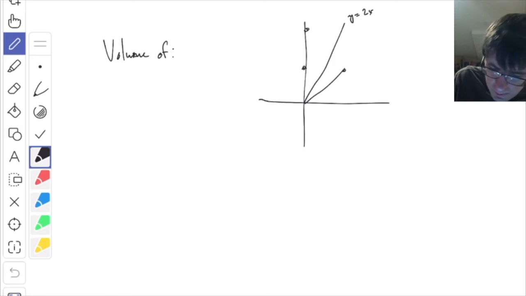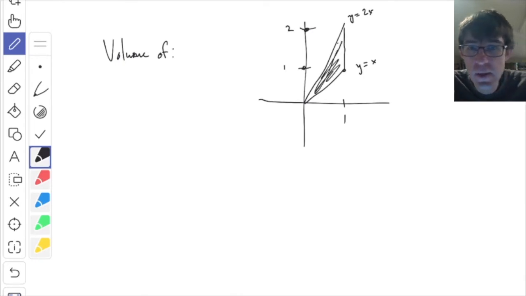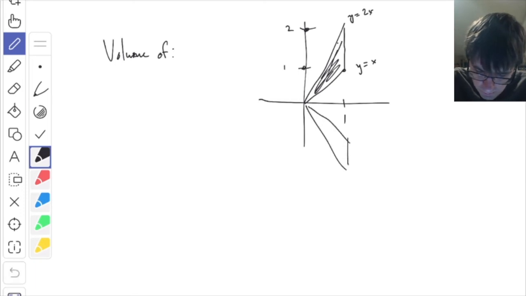So this one goes up to 2, right? And they both go over to 1. And I would like to take the area between them and then spin that around the x-axis. So the shape you get is kind of like a cone with a cone drilled out of it.